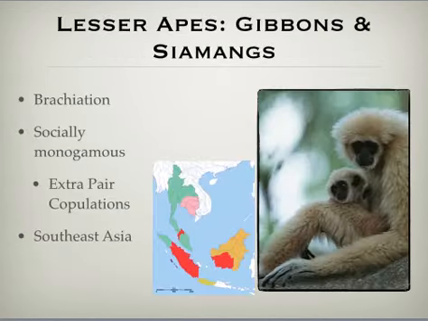And I want to finish up by bringing up lesser apes, gibbons, and siamangs, and to point out another definition called extrapair copulation. Now, extrapair copulation is found in monogamous or socially monogamous non-human primates, and this is when, in a socially monogamous situation, one individual will go out and copulate with another individual outside of that group.